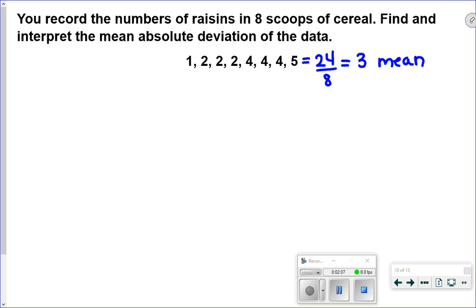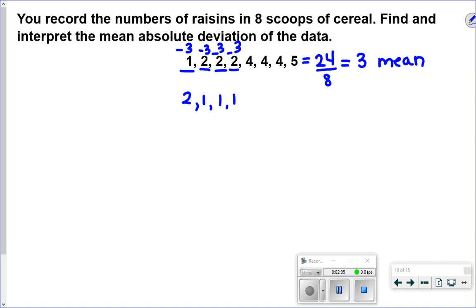So, for example, my first number is 1, and 3 is bigger, so I'm going to do 3 minus 1, and I'm making a new list of numbers. That's going to be 2. Now I'm going to do 3 minus 2, that's 1. 3 minus 2 again, still 1. 3 minus 2 again, still 1.